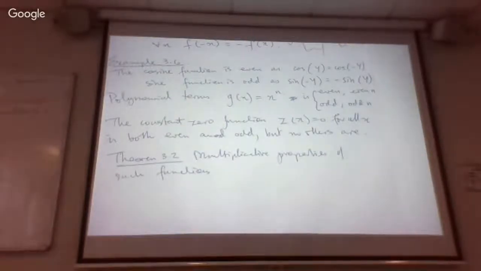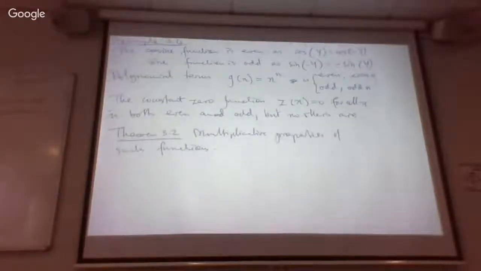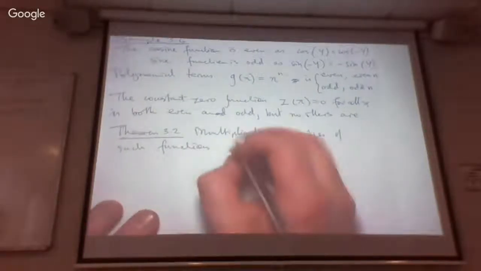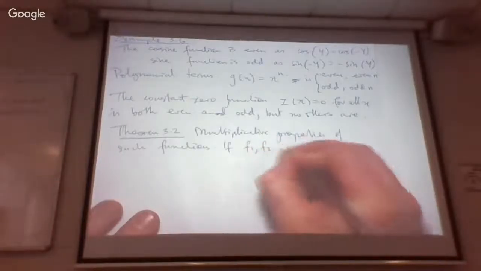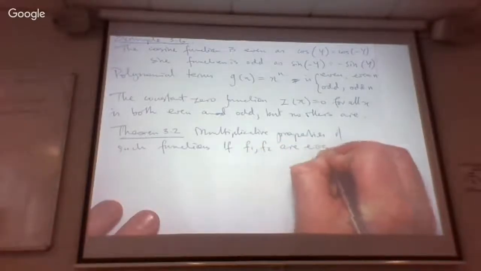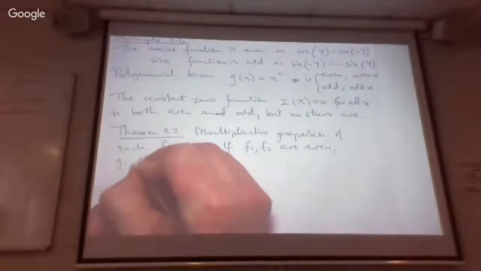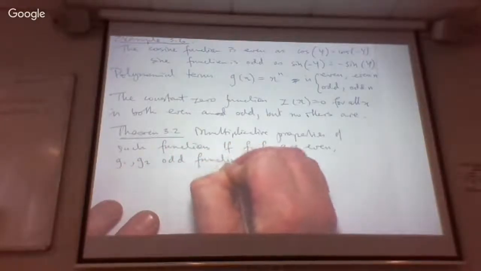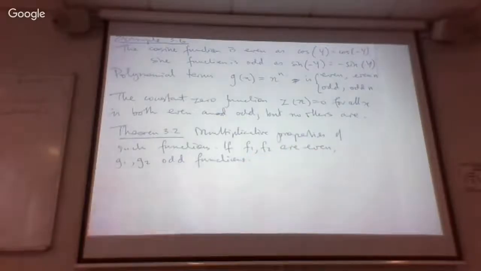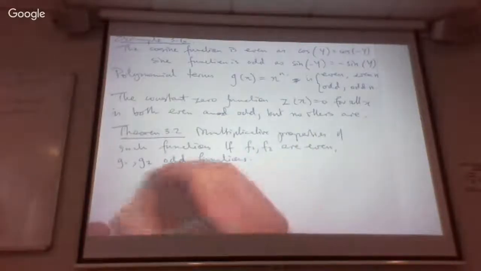What are the multiplicative properties of these functions? Well, f1 and f2 are even functions. g1, g2 are odd functions. Okay, we can form product functions.